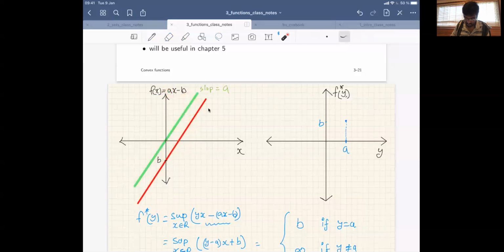So what will be the distance between this? b. Right? So maximum distance will be b, right? Or the distance is constant here. Even if you take any point, the distance will be constant here, which is b. So whenever the slope is a, y equal to a, the value of the conjugate function is b. Okay. Now what happens if we slightly change the slope?